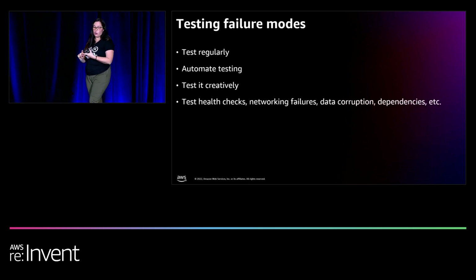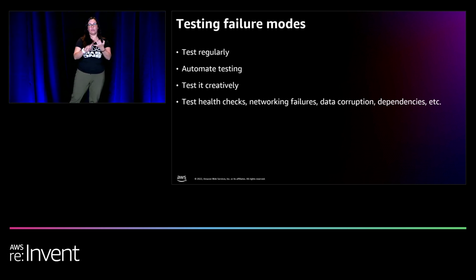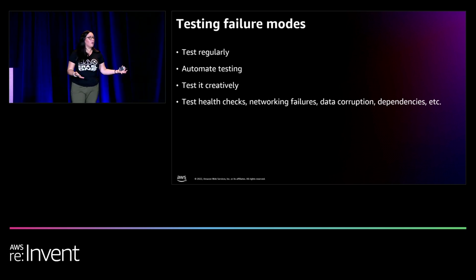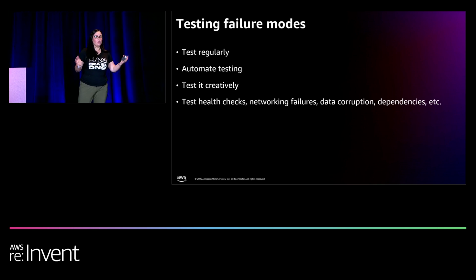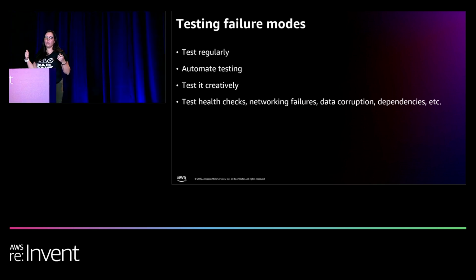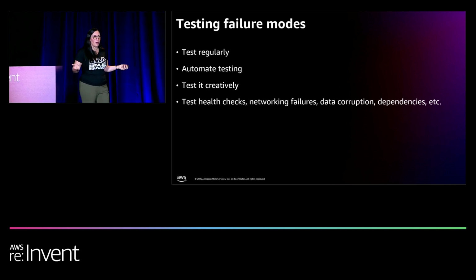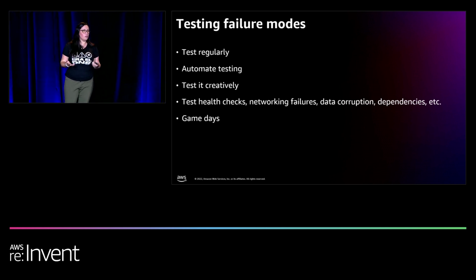You need to test your health check, you need to test your networking, you need to test your dependencies, you need to test your data corruption, because, and more if you're in this zombie apocalypse mode, you need to make sure that if something breaks, you can fail over. So you need to test and test and test, and you need to test in the most creative ways possible, because sometimes things go bad and we cannot prevent that. We cannot be prepared for it. So it's good to test.